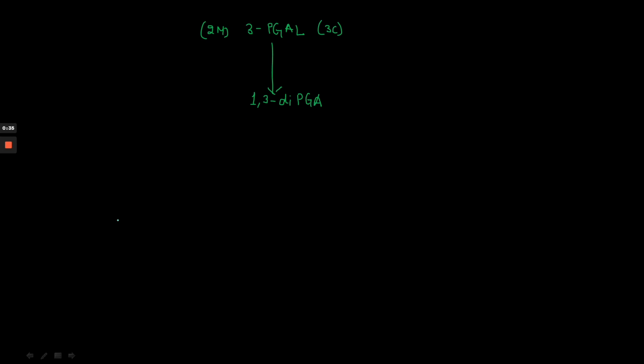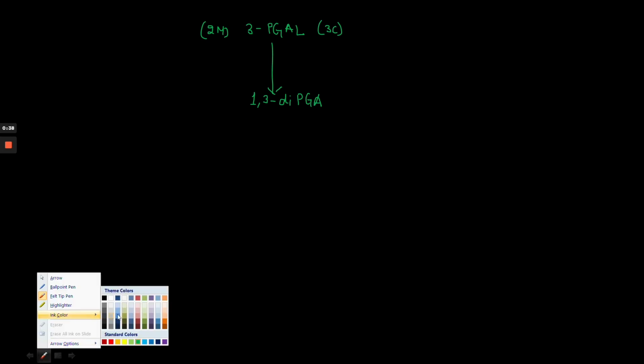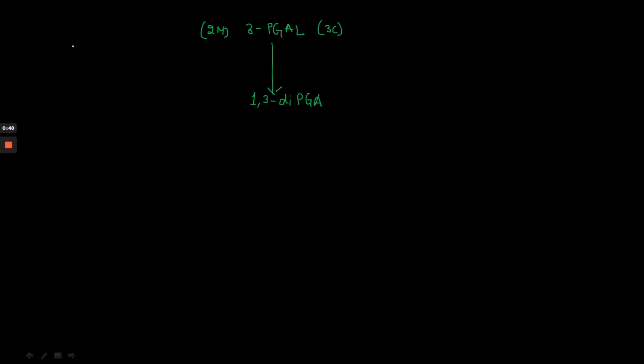Now basically this step is a 2-step process. So what is happening? In the very first step, 3-PGAL is getting converted into 1,3-diphosphoglyceraldehyde, and since here one phosphate group is being added up, that phosphate group is coming from phosphoric acid.